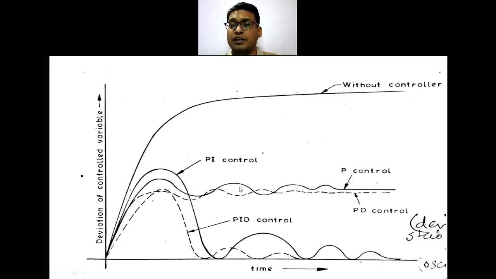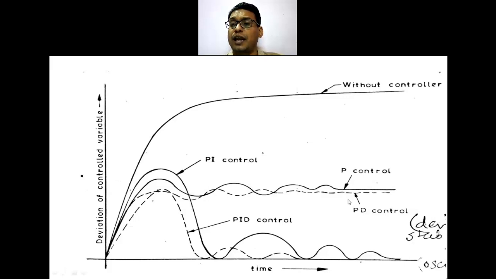By looking at this figure, you can already calculate or understand the offset for the proportional controller and the proportional derivative controller. You are getting the offset. Offset is the difference in the magnitude of the set point and the controlled variable. This level is of the controlled variable and this is the level of the set point.